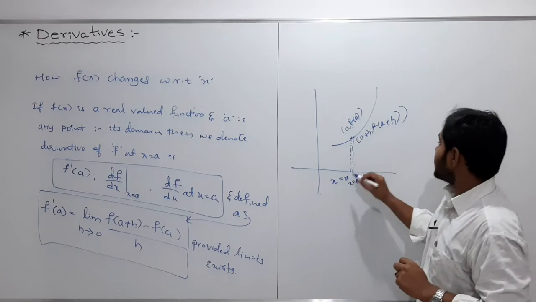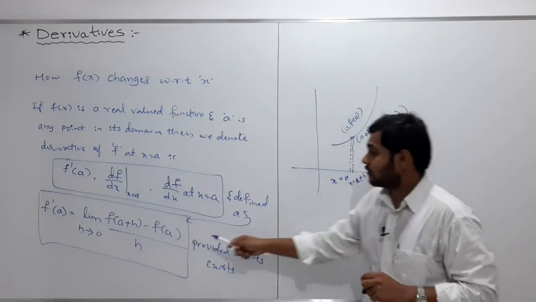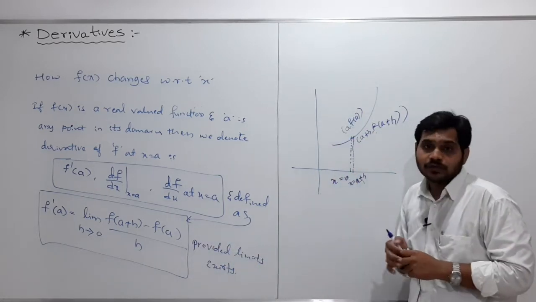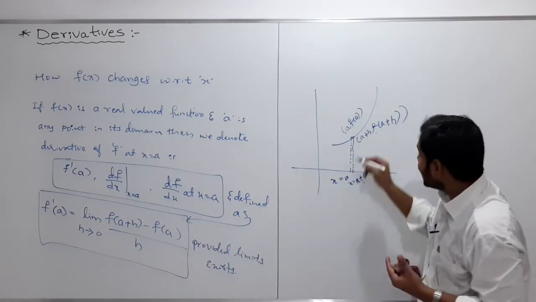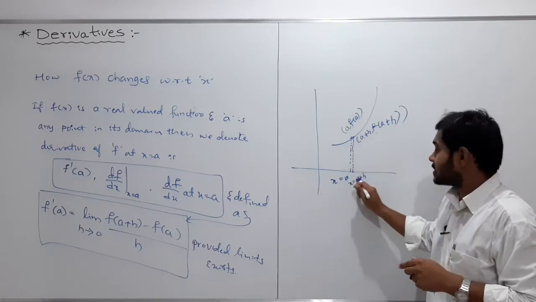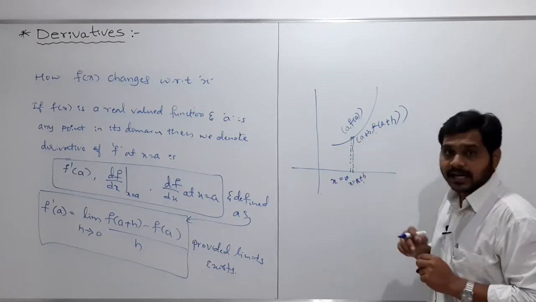So therefore f of a plus h minus f of a, the whole divided by the x difference, so that we can understand how the function is changing at different values of x. That we are discussing in the derivative. Clear?